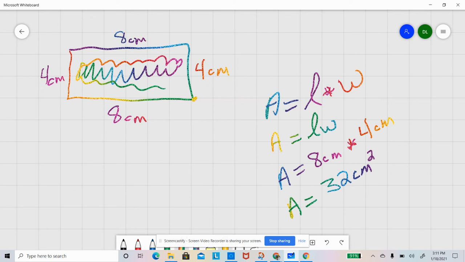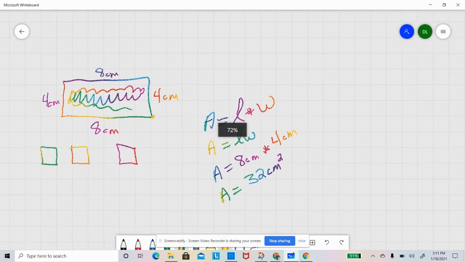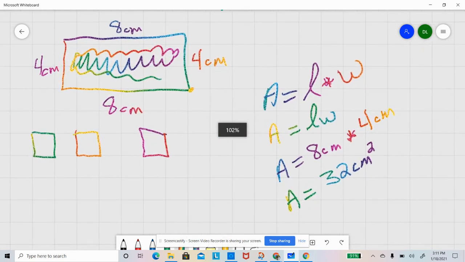Sometimes people ask me, what do you mean by centimeters squared? Well, you see each one of these little boxes here? Like that box, and that box, and that box. Those are square centimeters, right? Well, they can be if I make them smaller, but we don't really need to do that.